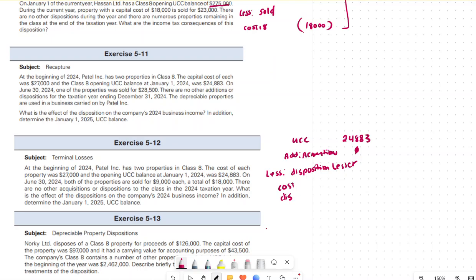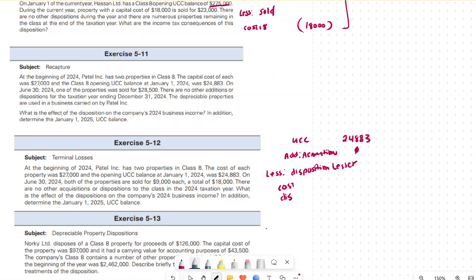So we sold it for 9. The cost was 27. What did they tell us? In this case the question is changed to two properties. So we sold two properties.